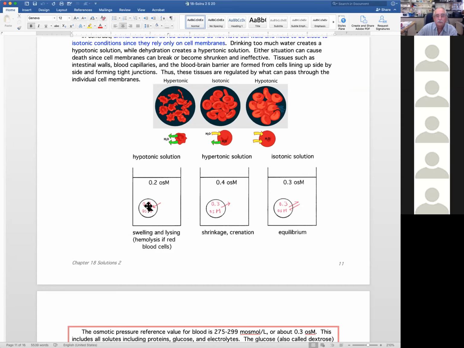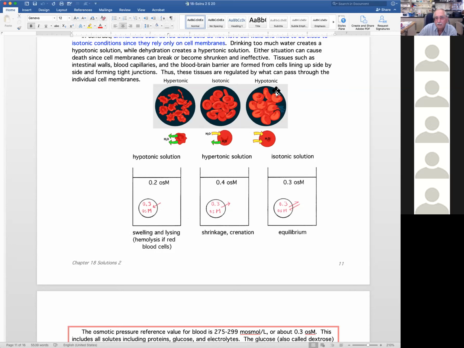What will happen to those cells? Well, more water goes in than comes out. And look, some of them are breaking. Clinically, that's called hemolysis. You find heme outside the red blood cells because the red blood cells have broken.